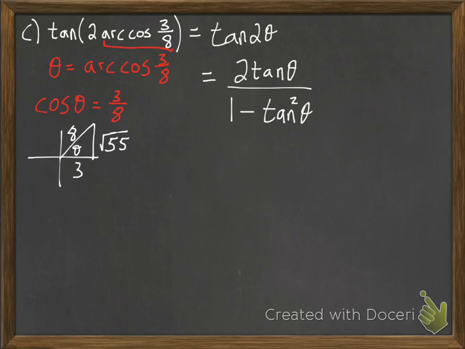Now that we have our angle, we can actually go ahead and compute tangent directly. So this will be 2 times the tangent. Well, tangent of theta is opposite over adjacent, so square root of 55 over 3.